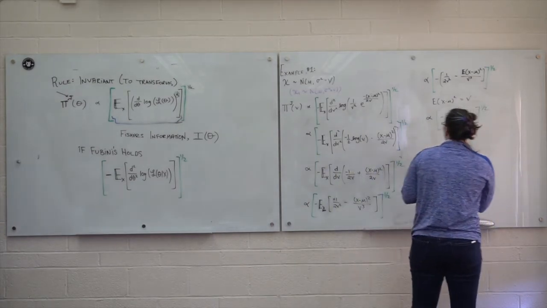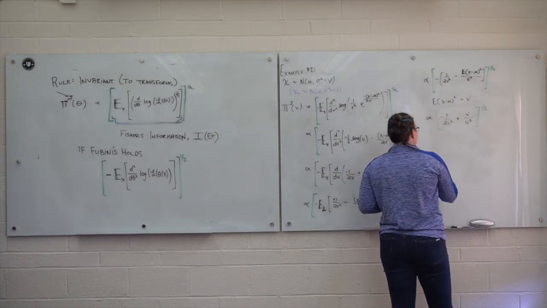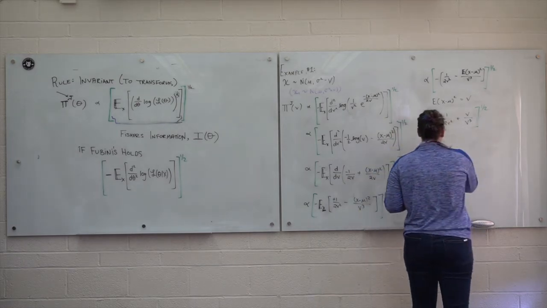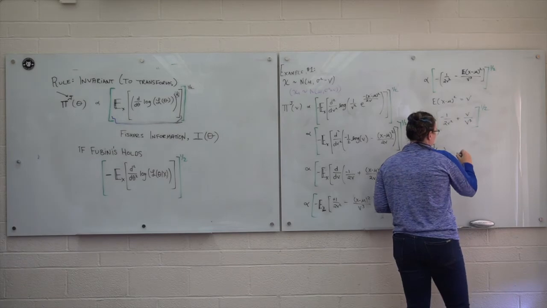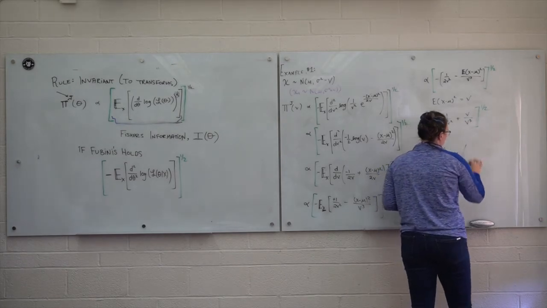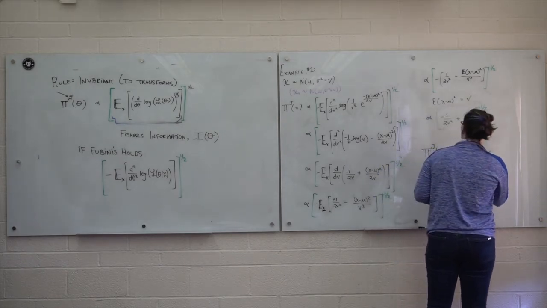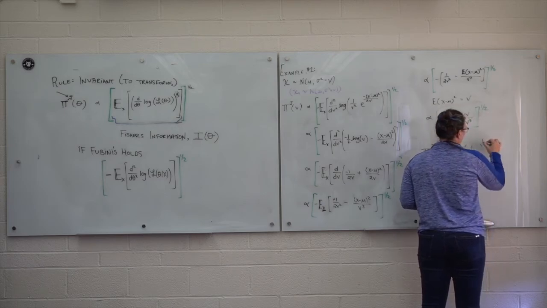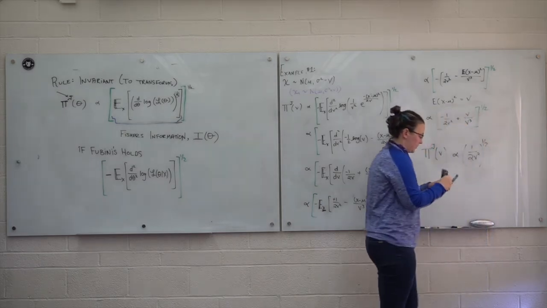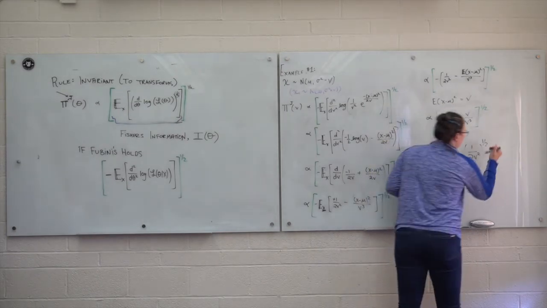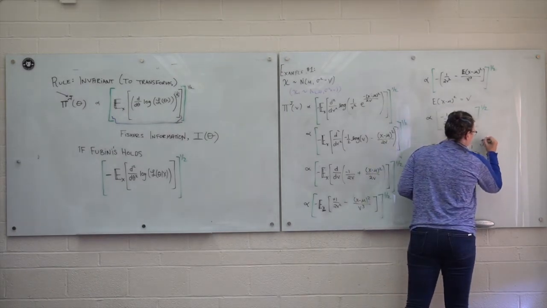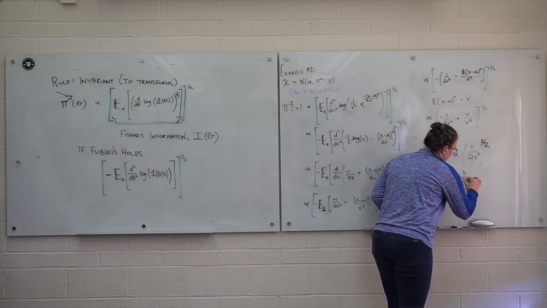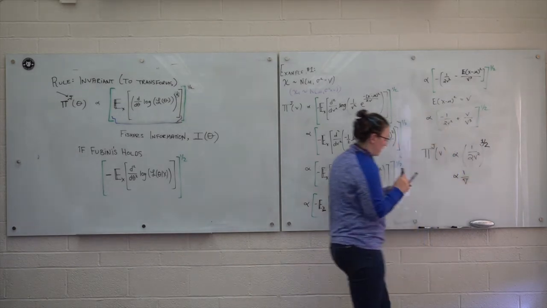Now let's just finish this problem and see that the Jeffreys prior on V is going to be proportional to 1 over 2V squared to the half power, which means it's proportional to 1 over V.